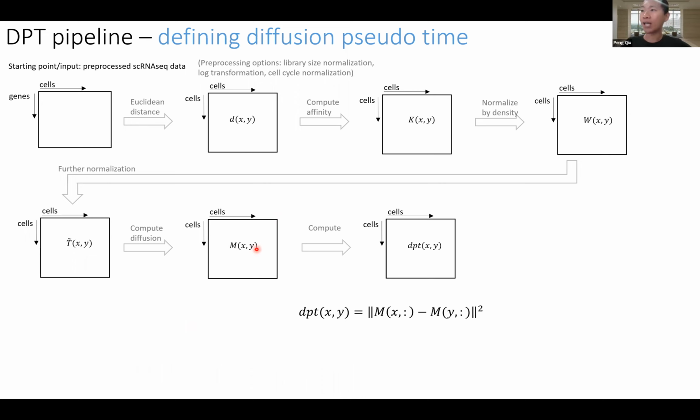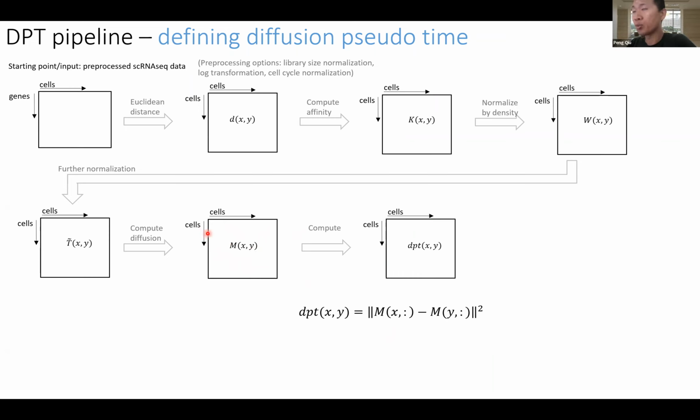And their very last step is that if we look at two rows, and this matrix is symmetric, so it doesn't matter whether columns or rows, one row represents the probability distribution of where we can go if we start from this cell.